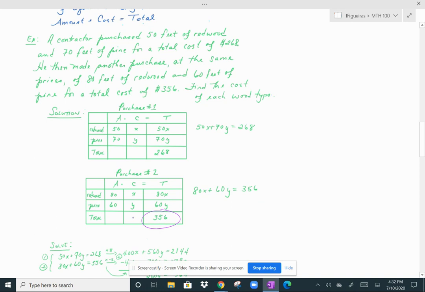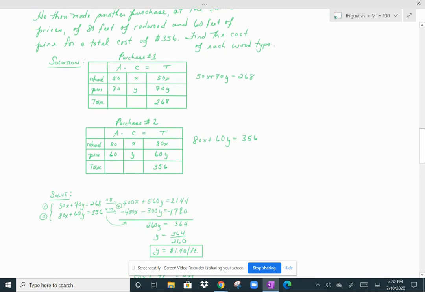And again, the x and the y, that's the cost per foot of each type of wood, which we're trying to figure out. All right, so I've rewritten those two equations right here, called the first purchase my equation 1, and the second purchase, my equation 2. So again, I decided to use addition method or elimination.